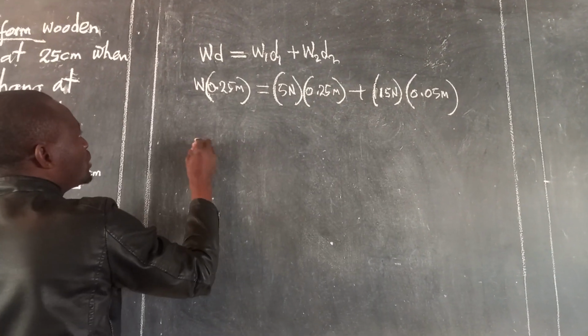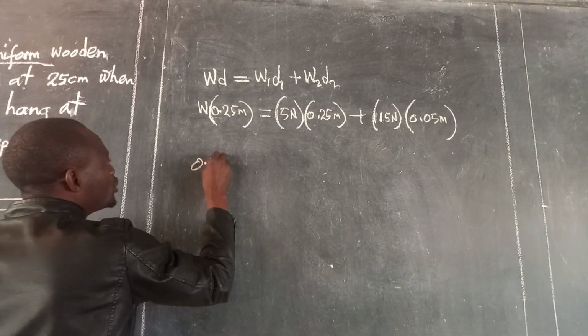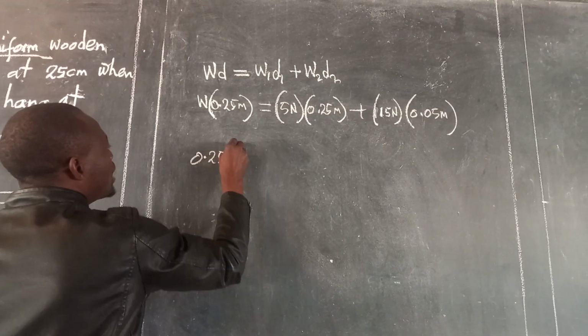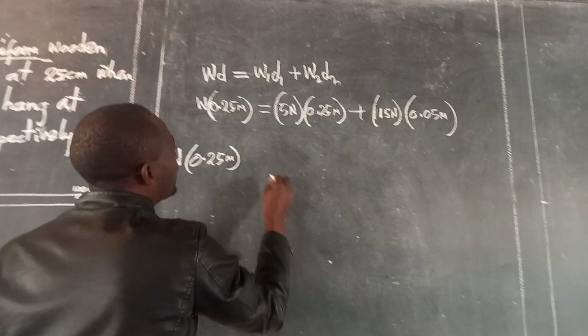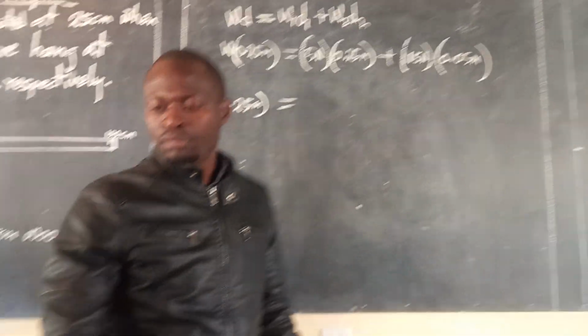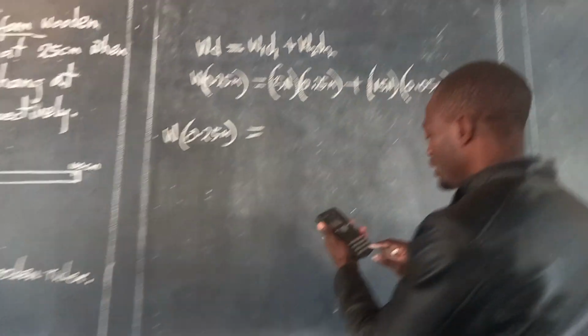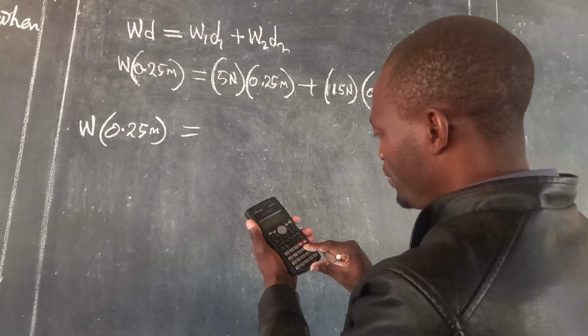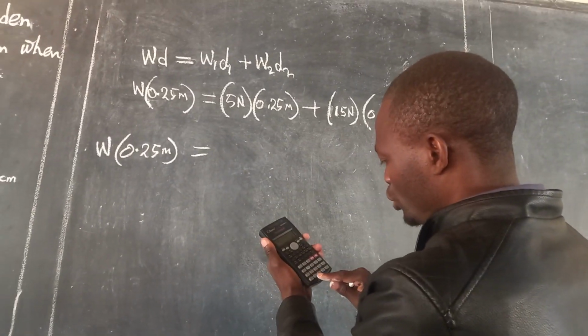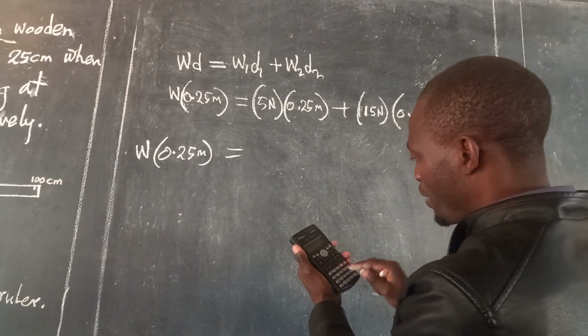Now, when we do the computation, we'll have 0.25 meters times W is equal to, if we are to use a calculator, 5 times 0.25.